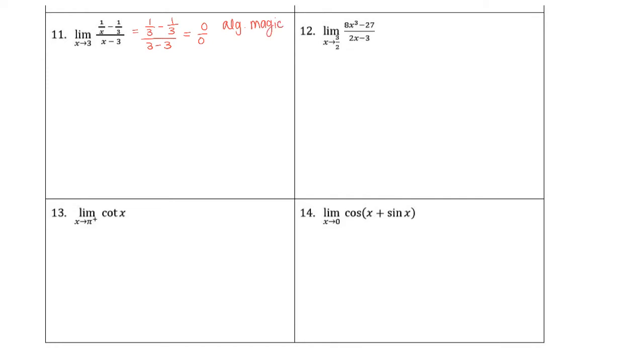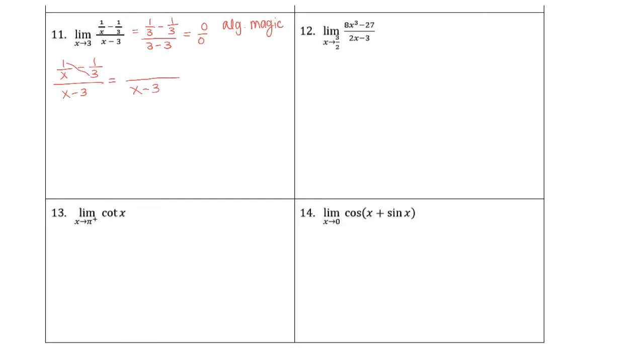So we're going to have to find a least common denominator. So again, I'm going to have 1 over x minus 1 over 3 over x minus 3. So what I'm going to do with that is I'm going to do some crisscross multiplying. Again, we're still going to be x minus 3 on bottom.